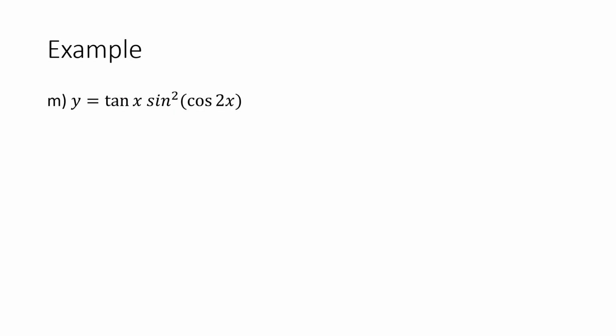Last but not least, second last question. We have this one here. Now this one's a little bit longer, and in order to do that, I'd like us just to focus on the fact that we're going to have a product rule opportunity. The first function is tan x, and the second function is sine squared of cos 2x.